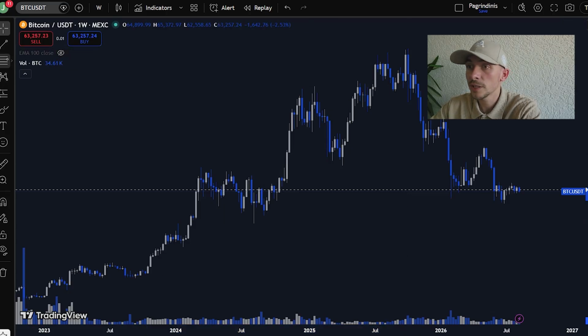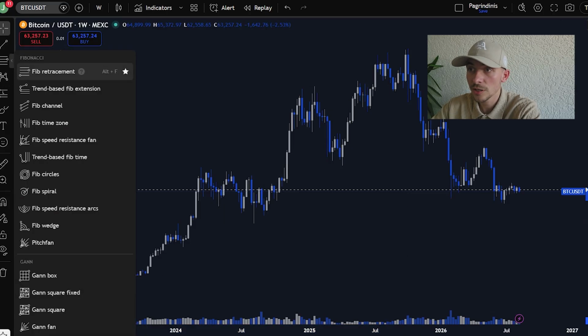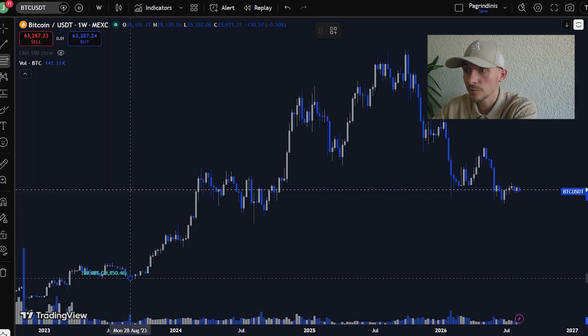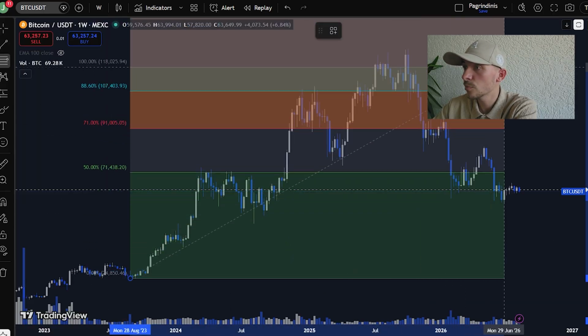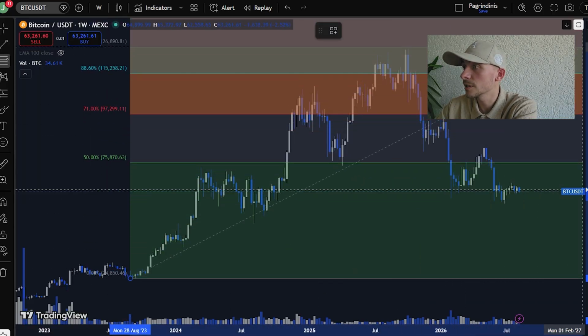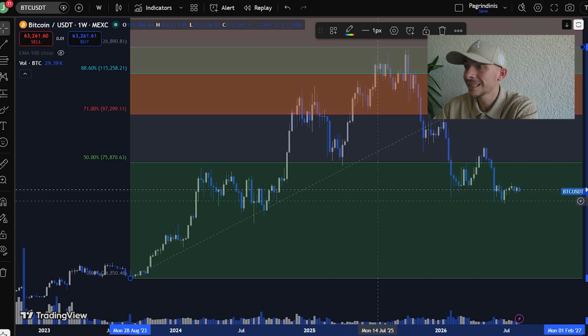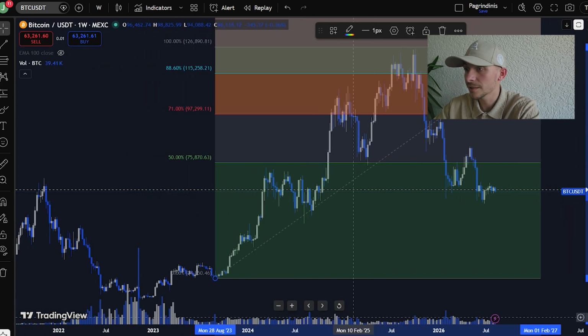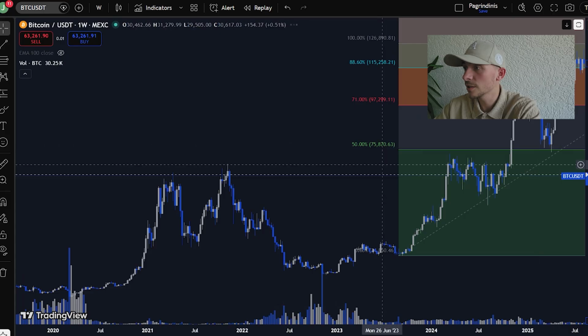So what we are doing, we're taking Fibonacci. I showed you yesterday how to draw it: lowest point and highest point. We can take it from the swing low.